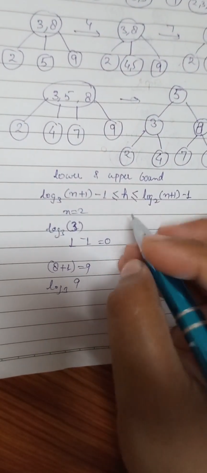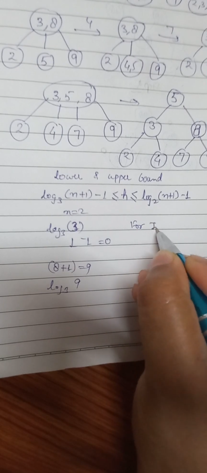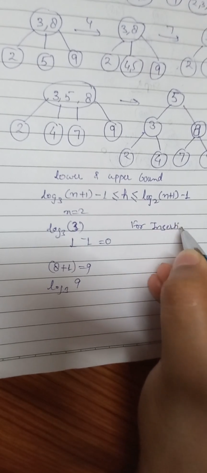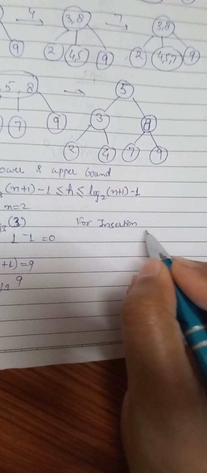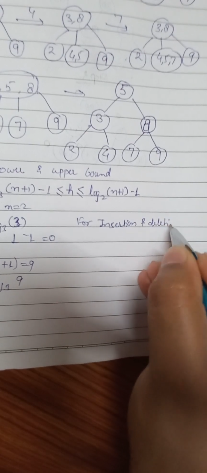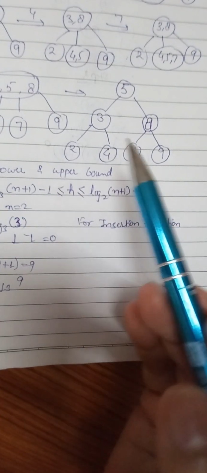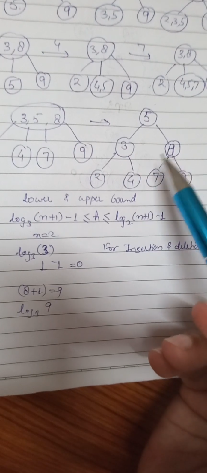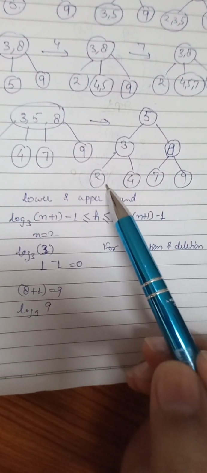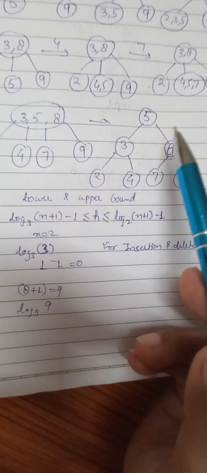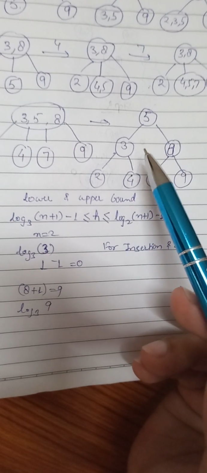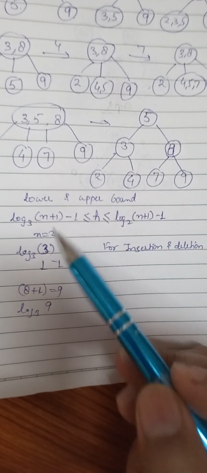So we can say simply that for insertion and deletion, everything is based on log n only. Accordingly, the height increases and decreases based on the log value, as we have seen in the example.